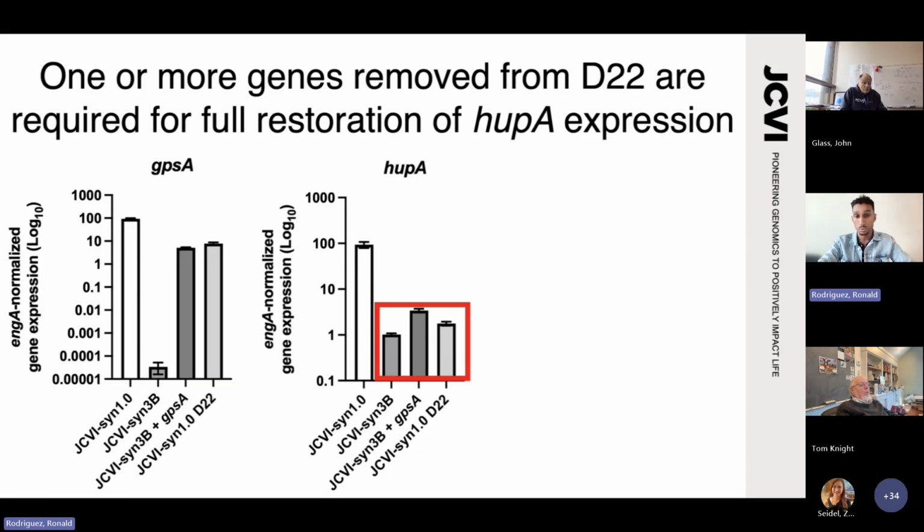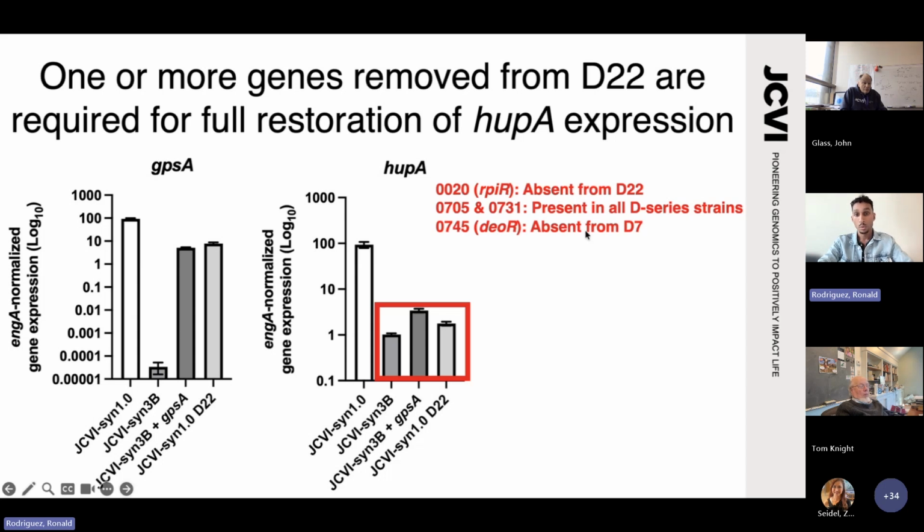in that D22 strain. What I did was cross-reference this data to the reduced genome design qPCR data, and one of the transcription factors, RPIR, is also absent in D22, so that's interesting. The two other ones, the C5 methylase and the toxin, are present in all of the D series strains.